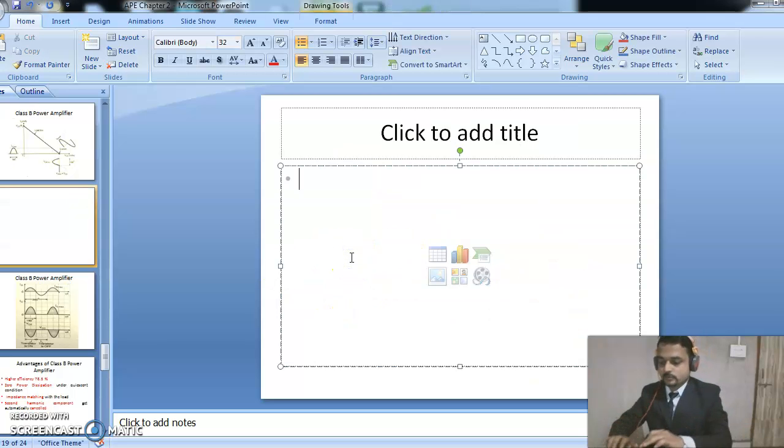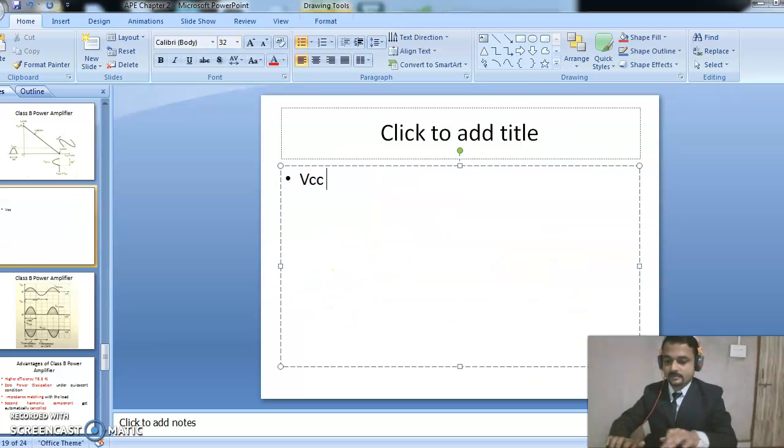We get the output equation VCC minus IC RC minus VCE is equal to 0.